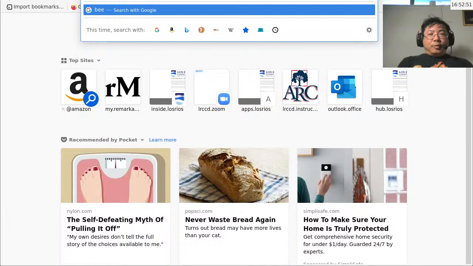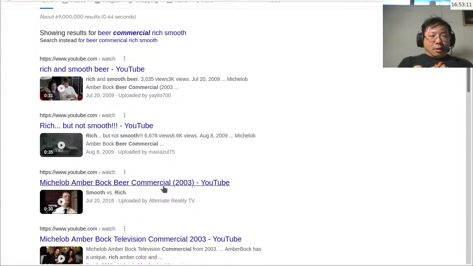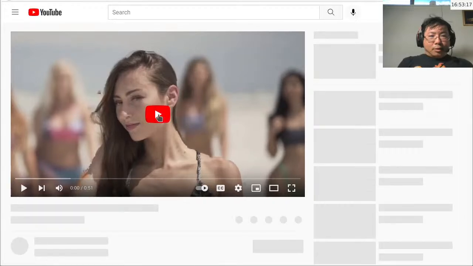We want to look for beer commercial, rich, smooth. That should find it. There we go. Rich and smooth beer. Rich but not smooth. All of these are references to the same beer, and I thought it was an Australian beer. I could be wrong.